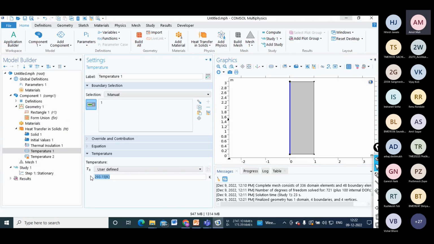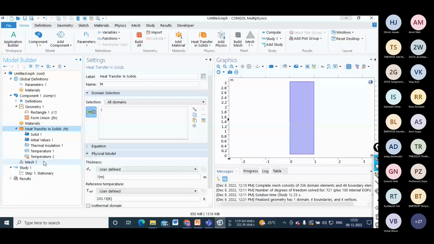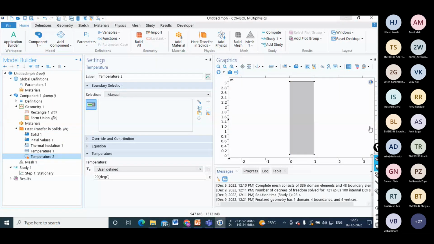So this is the 30-degree temperature, and here will be the 20-degree temperature. Next to that, we have to select the left and right hand side also. Select किया मैंने.